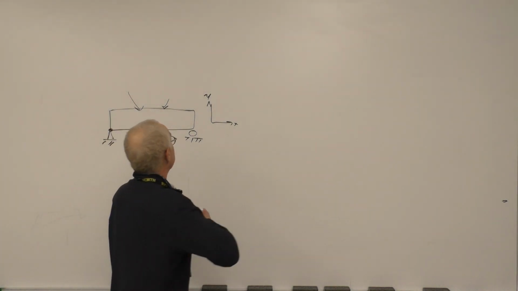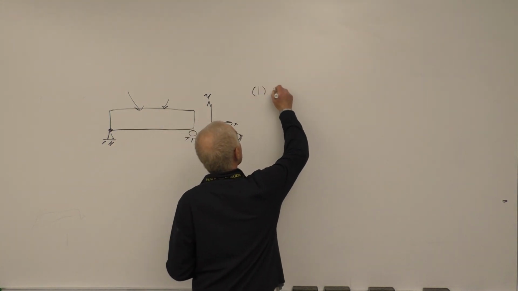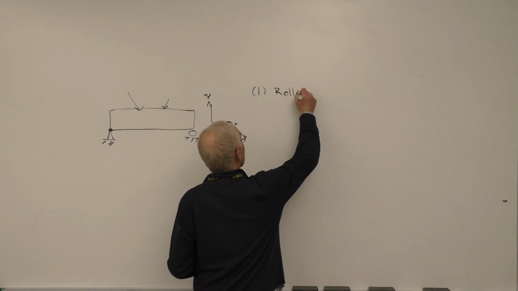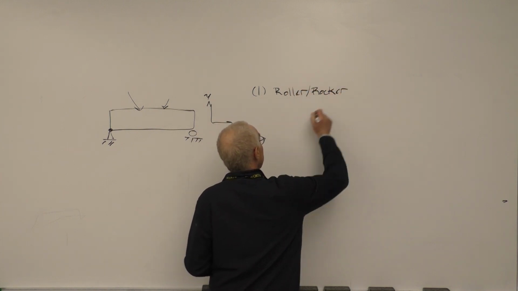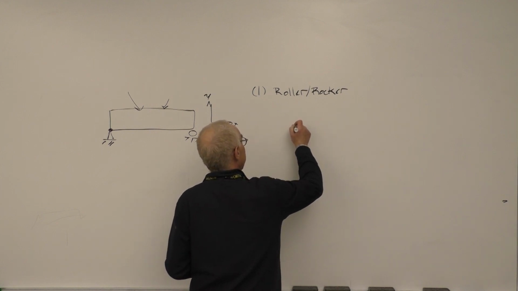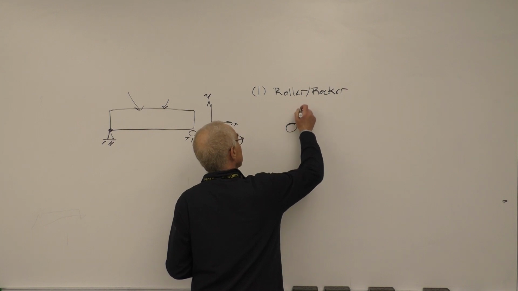So I'm going to start with a roller or a rocker. And in 2D or 3D, it's basically the same. I'll draw it like this.